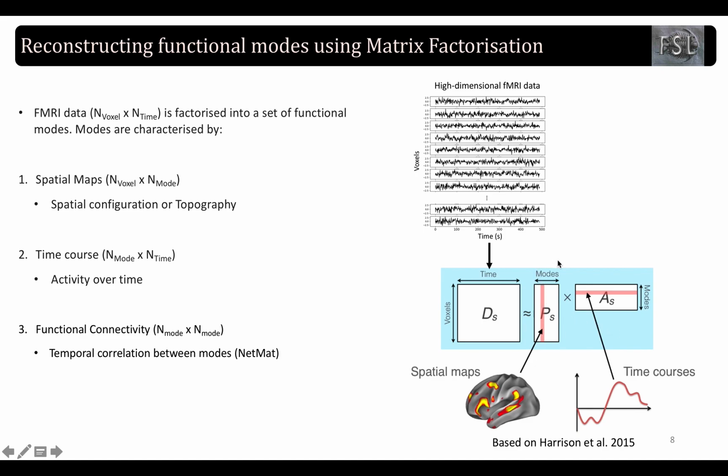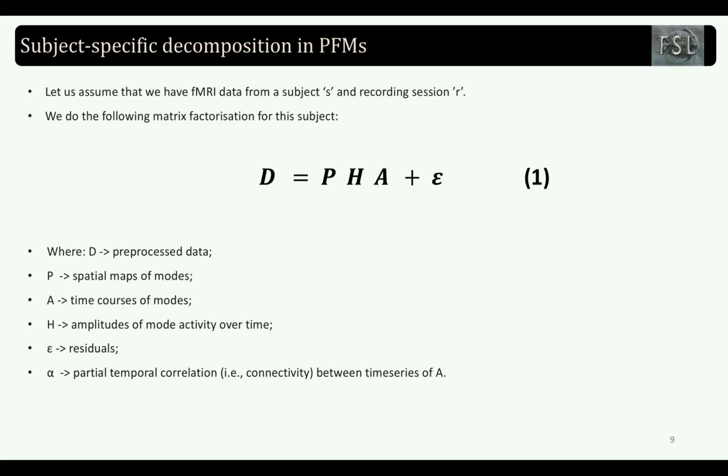Because the number of the modes that we estimate is typically much smaller than the number of voxels in the brain, this will give us a parsimonious summary of the high-dimensional fMRI data. Now let's see how exactly this is done in PFM framework.